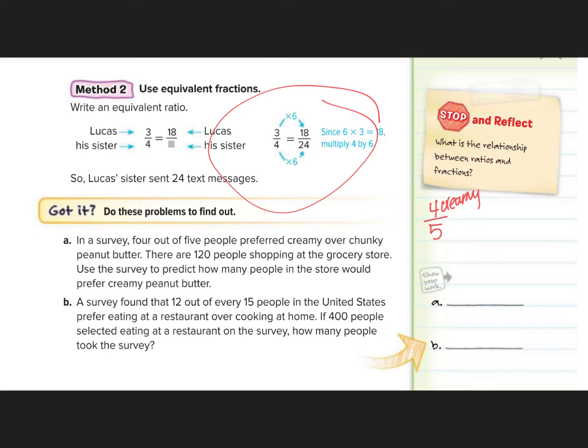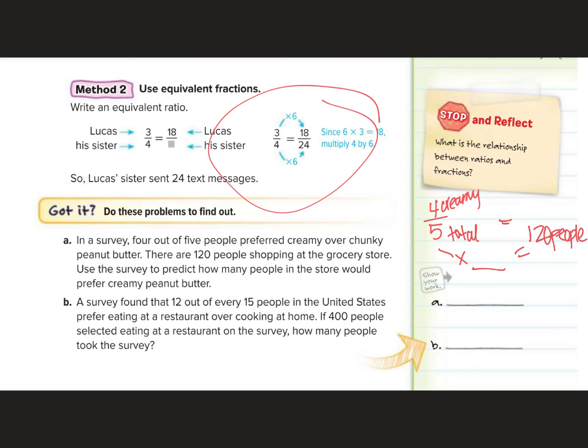So 4 out of 5 chose creamy, with 5 as the total. And then we know there are 120 people. Okay, so now I have to think about 5 times what equals 120.